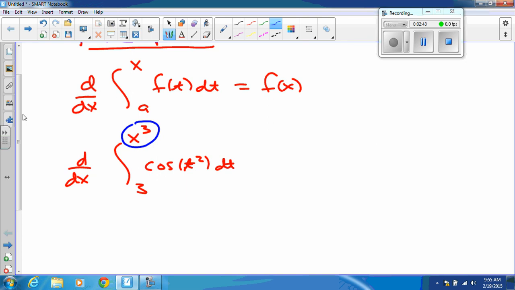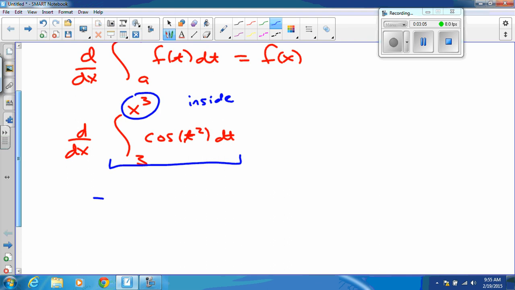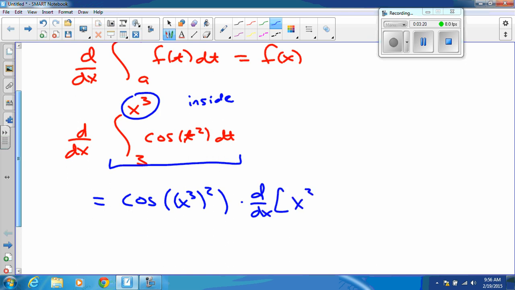Since I'm being asked to take the derivative with respect to x of a function of x cubed, I'm going to think of this as my inside function. And I'm going to think of the entire thing as my outside function. So I'm going to follow the form that I have here and do derivative of the outside, which gives me the cosine of x cubed squared. That is the cosine of t squared when t is x cubed, times the derivative of the inside function, just like so.